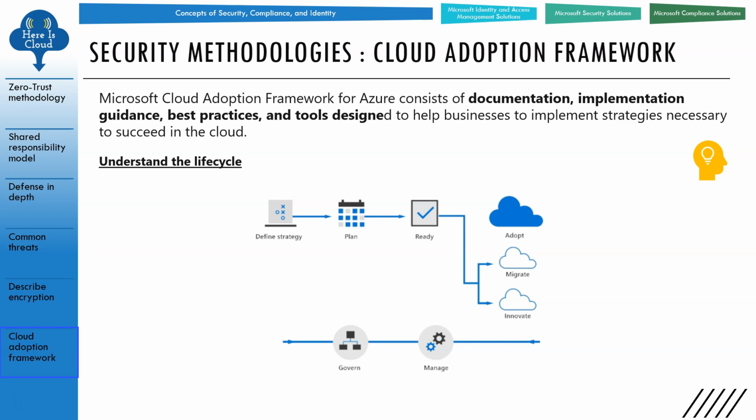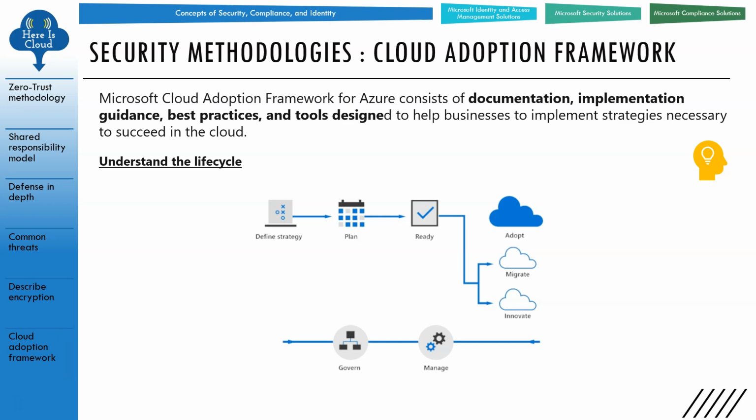So it is kind of guiding principles, documentation, best practices, etc. So there could be questions like, if you need to see the implementation guidance about Microsoft Cloud, where should you go? You should be looking into the cloud adoption framework, and there is a life cycle. It defines all these best practices, etc. throughout the life cycle as shown. So this is also good to remember for the exam.